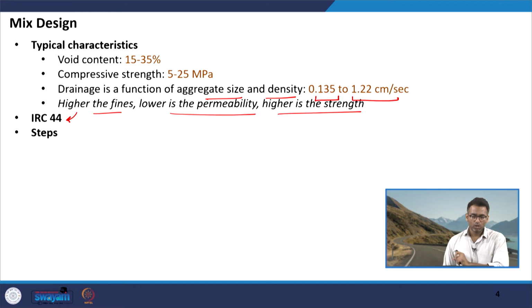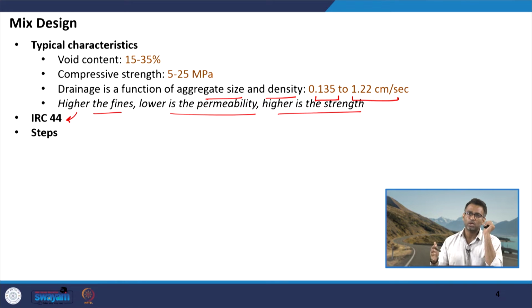So, it is still under the development stage. Let us discuss the available specification which we have in India, that is IRC 44. As per IRC 44 we will quickly go through the steps, then we will also see a video demonstration of pervious concrete from studies specifically done in India, and then we will also talk about the limitations of IRC 44.